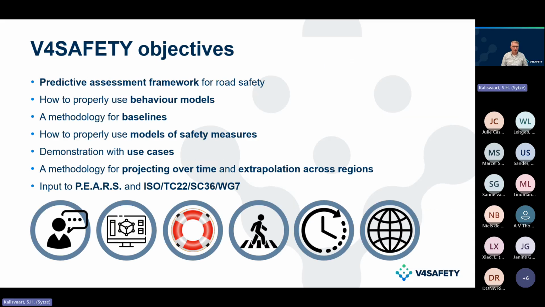Good. So our objectives are a framework for predictive assessment. Then how to use behavior models in this, so human models, for example, but also automated driving models. Then a methodology for baselines, so the original situation and the original accident data that we want to compare to. Then how to properly use models of safety measures. That's very much the topic of today.